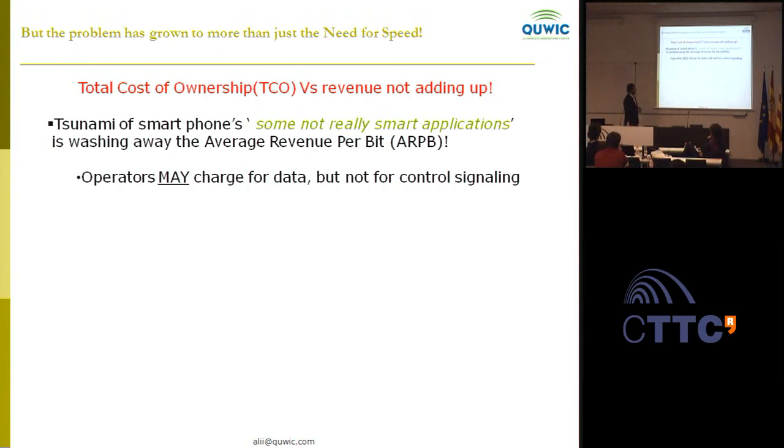There are two problems with that. First of all, with multiple operators in the market, user churn is not in favor of any of the operators, because you cannot plan your network smartly enough if you don't know how many customers you are going to retain. If a customer changes service provider, it's not good for both of the operators.